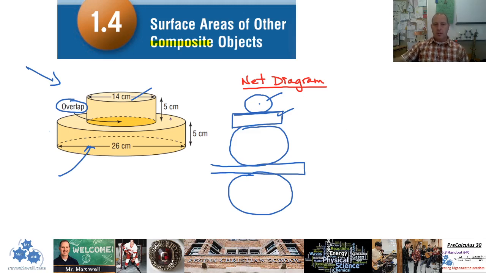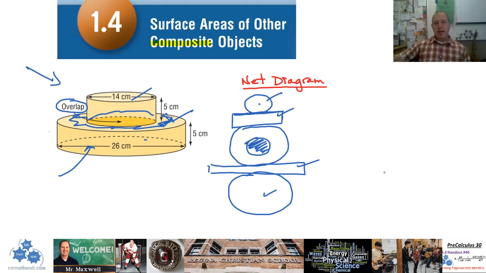This is the tricky one right here, this surface, because it's this big circle, but you have to cut out or subtract the area of this circle that's covering it up. See that? It's just this part that we want to count, and then behind, another wraparound part here, and then another big circle on the bottom.